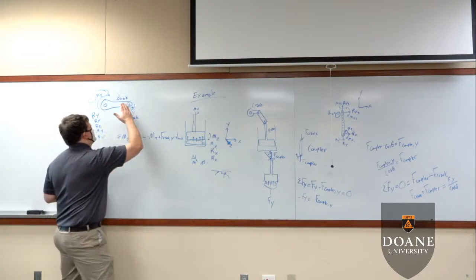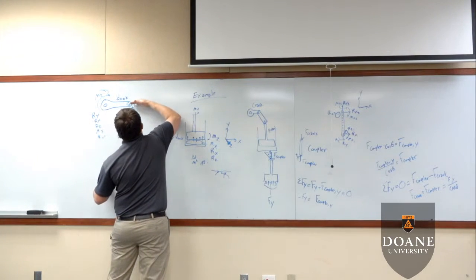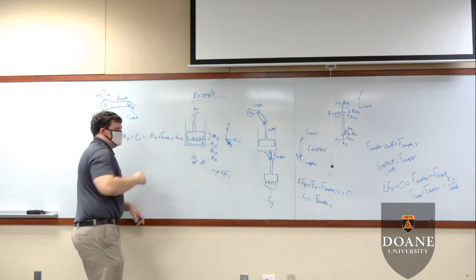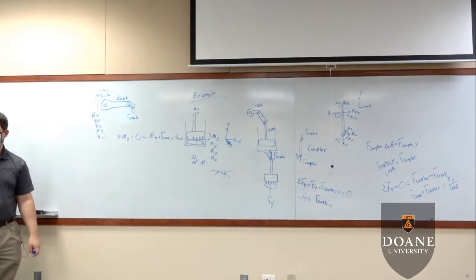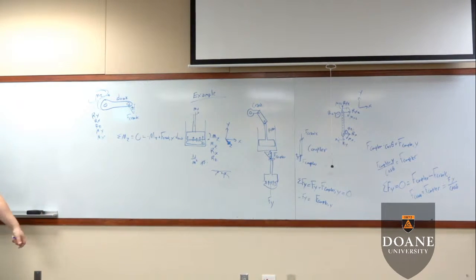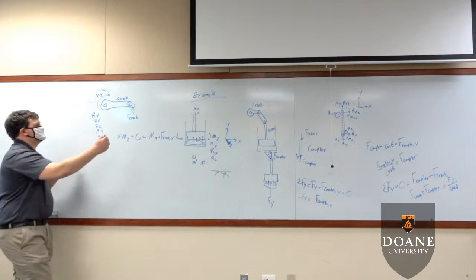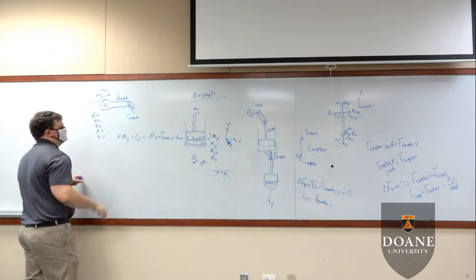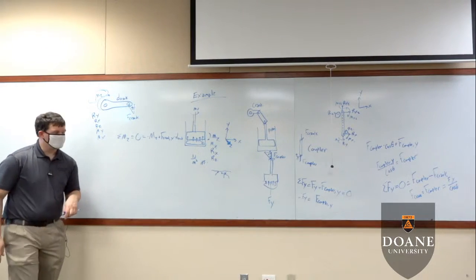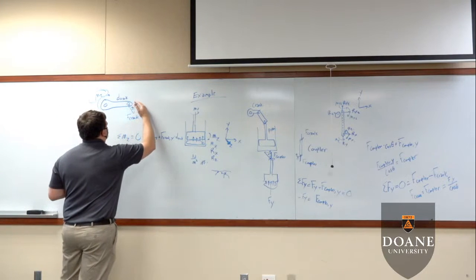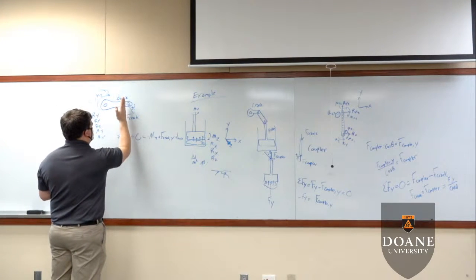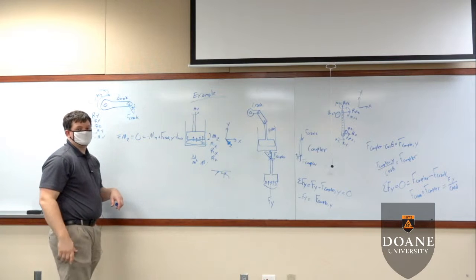Now, if this crank, F crank, was exerted along this axis, MZ equals 0, because there's no moment created by a force that is axial here. The maximum moment occurs when F crank is perpendicular to your crank.